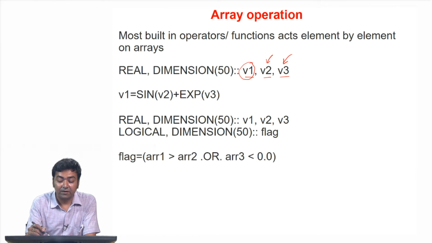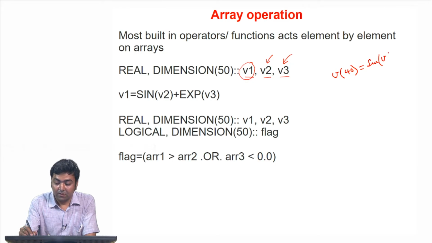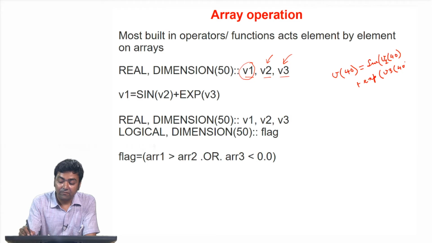So, suppose I am looking at the 40th element in the array V1; this would be the sine of the 40th element in array V2 plus the exponential of the 40th element in the array V3.